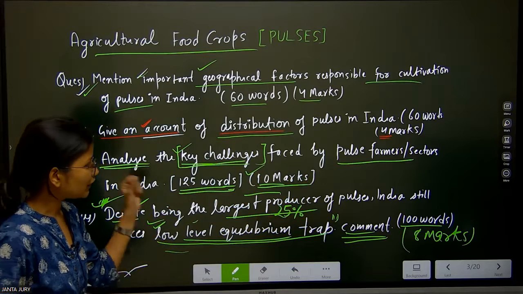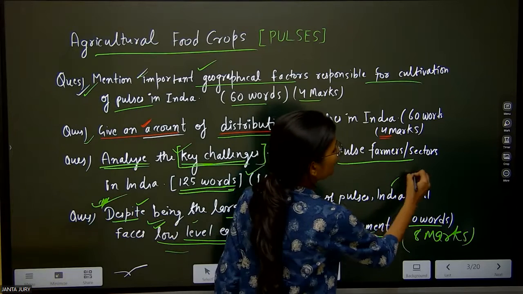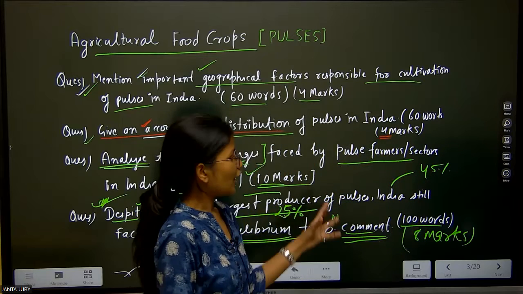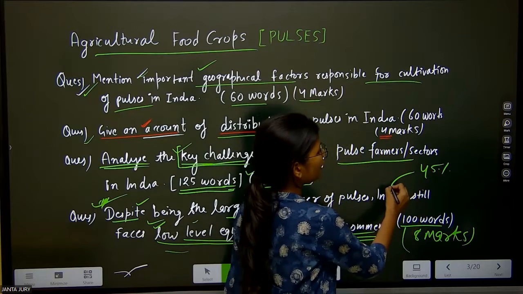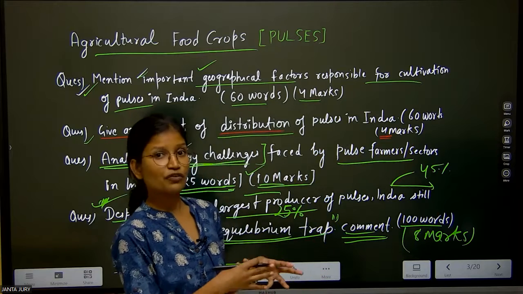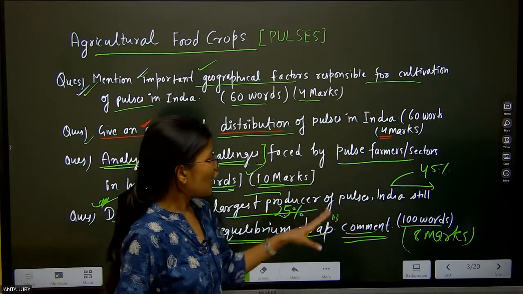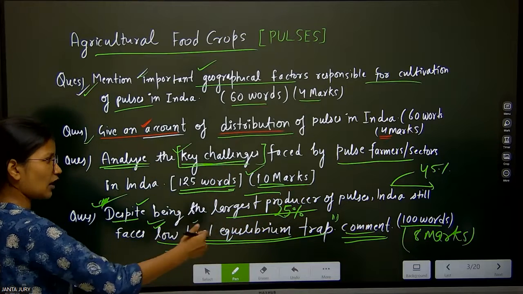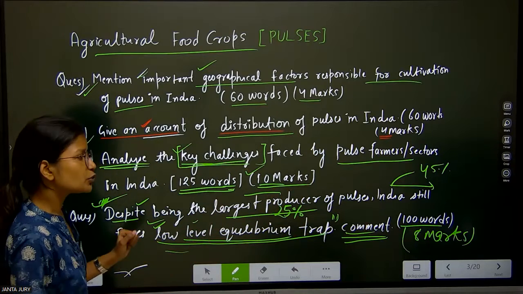Why is it so? Because India is a country with 45% of the population dependent on agriculture. Apart from this, we are also among the countries which have a large land area, right? Also, India is a country where farmers are dependent upon the monsoon.